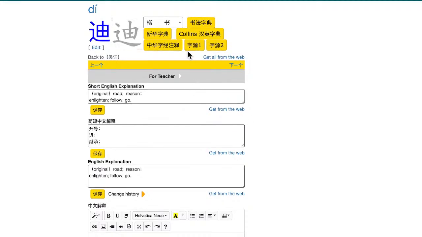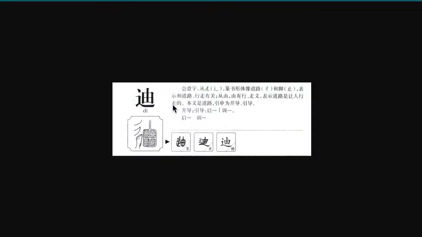Okay, 启迪. Let's take a look at the character. This one goes with the walking radical, and then another character called 由. This 由 is on the top right. Now 由 has the meaning of where you're from, like origin, walking origin.